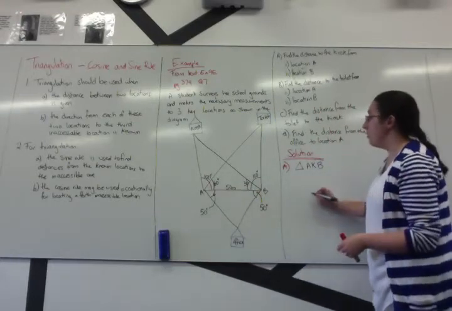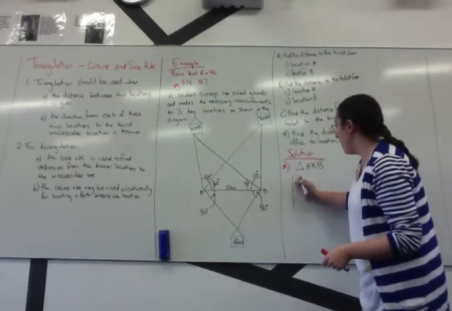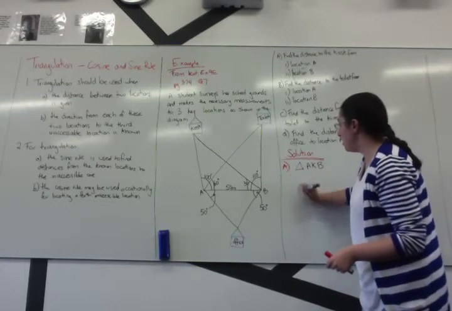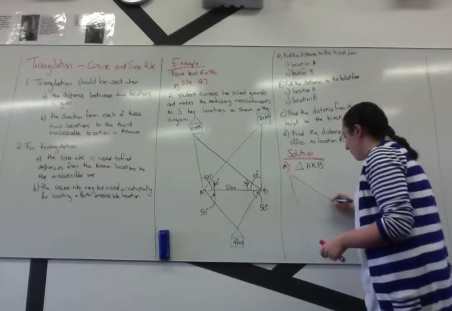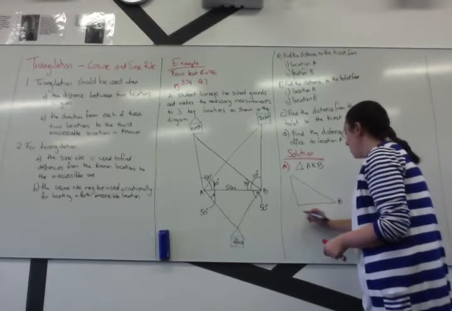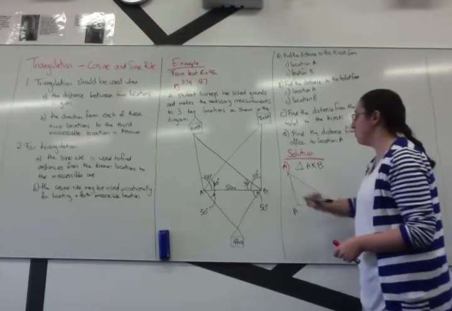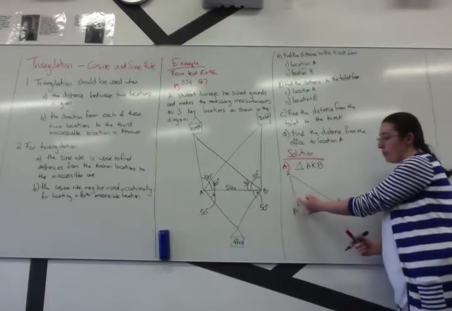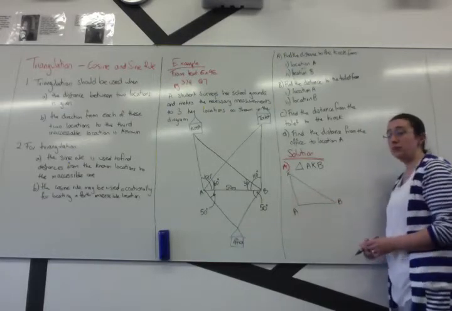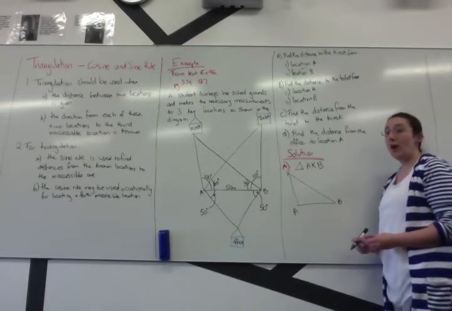Yeah. So, using this new triangle that we have drawn, it's not to scale. B, A, and our kiosk. What's this angle here? What's the angle for A? No. 100.